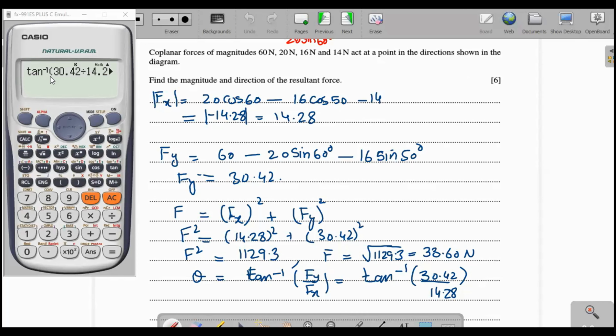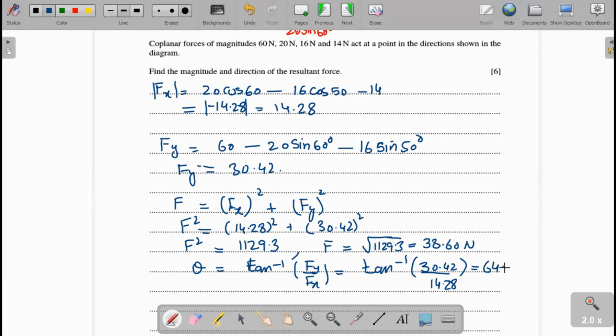Now you can see here tan inverse of 30.42 divided by 14.28 is equal to 64.84, that is 64.9 degrees. And this is the direction of the resultant force. And we go to the next part of this question.